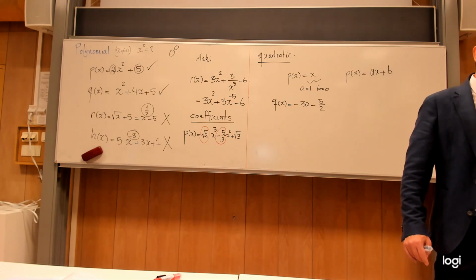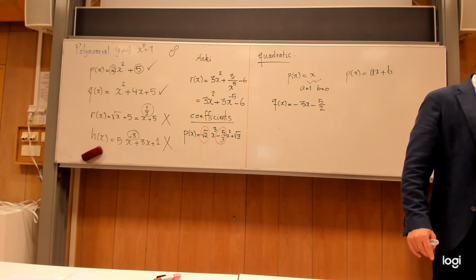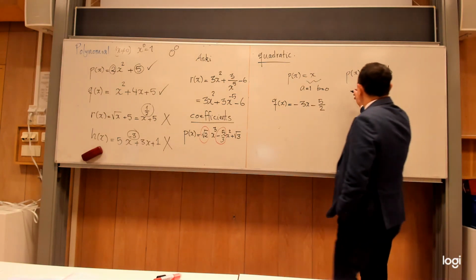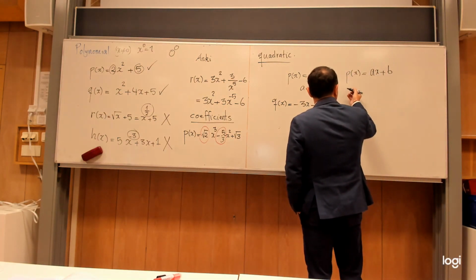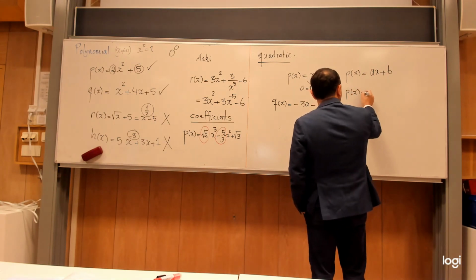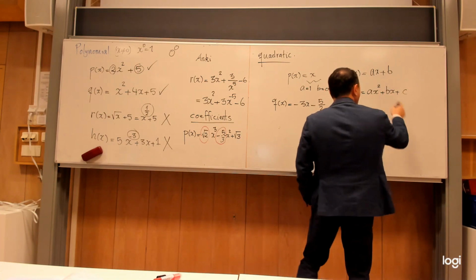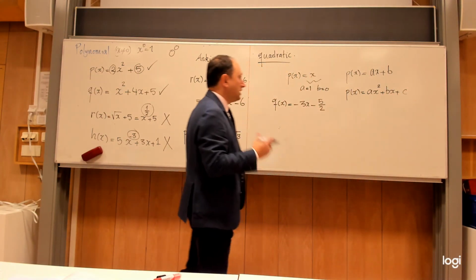Yes, Aaron? What I'm thinking is ax squared plus bx plus c. Exactly. So the most general polynomial of degree 2, let me stick to letter P, even though this P is different from that P. So what Aaron is saying is this. It's completely true. It's the most generic form of a second degree polynomial.